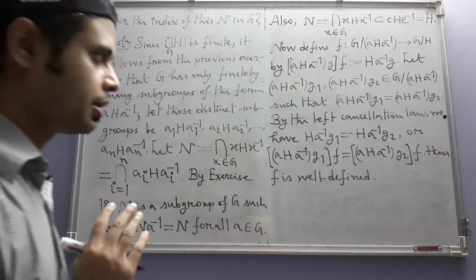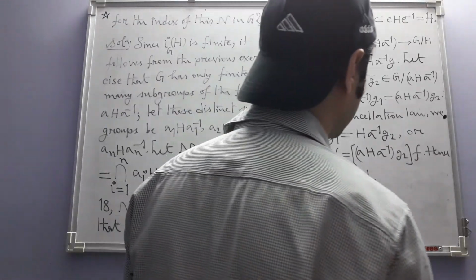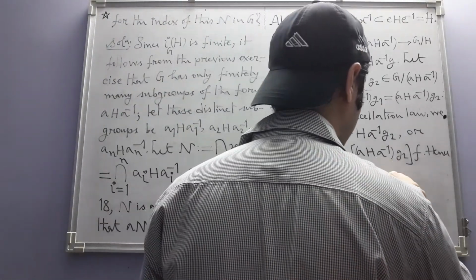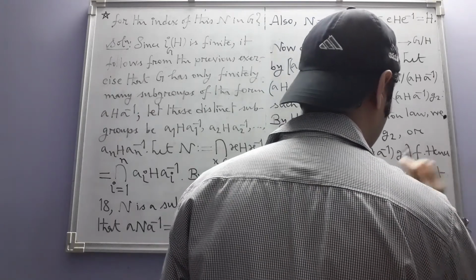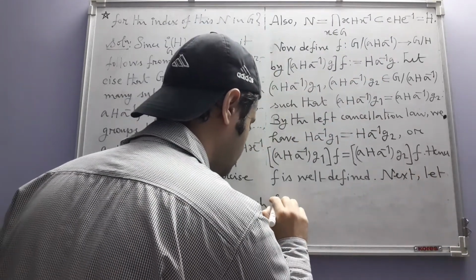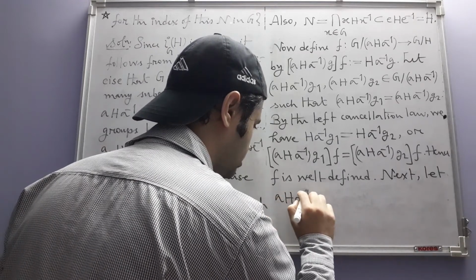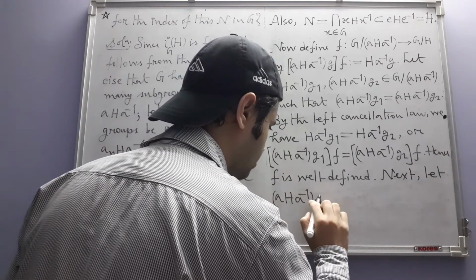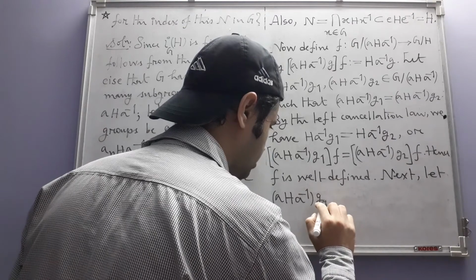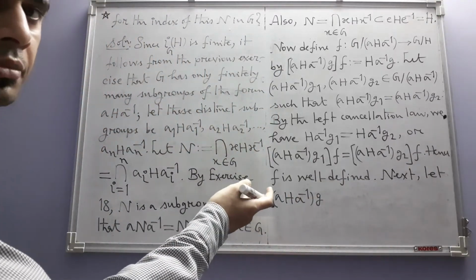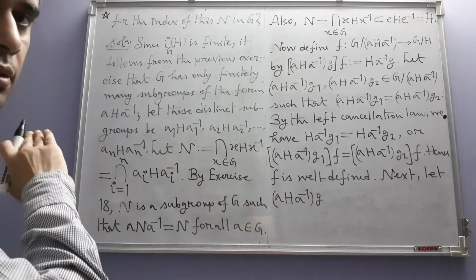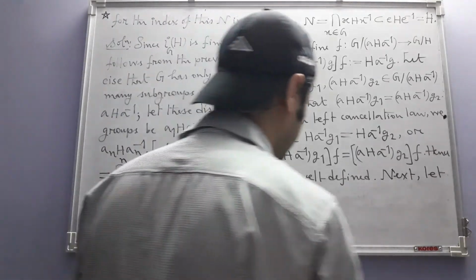Okay. So next we have to show that F is 1-to-1. Next, let us take g3 A H A inverse and g4 A H A inverse, so it's like that other solution that we came across in that other video.